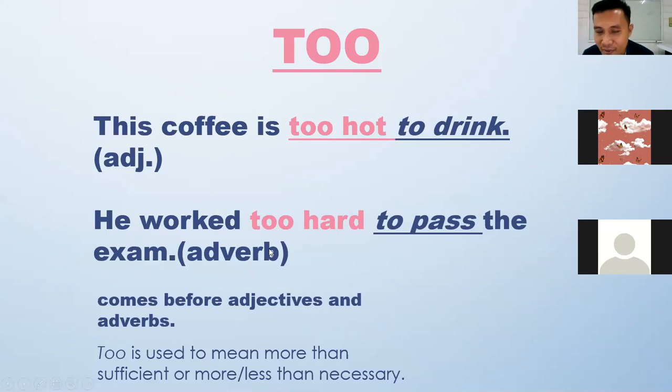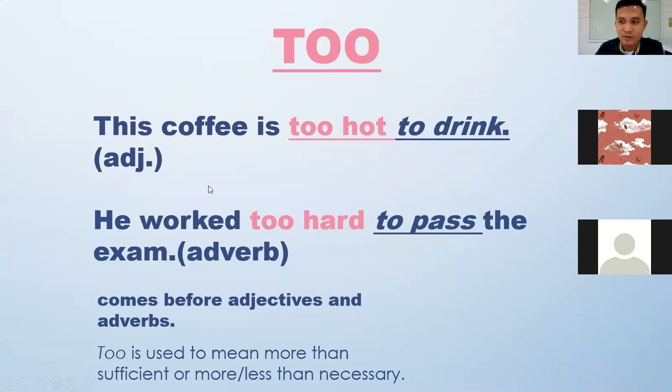Do you know what an adverb is? In bahasa Indonesia, adverb is kata keterangan. Adjective is kata sifat.